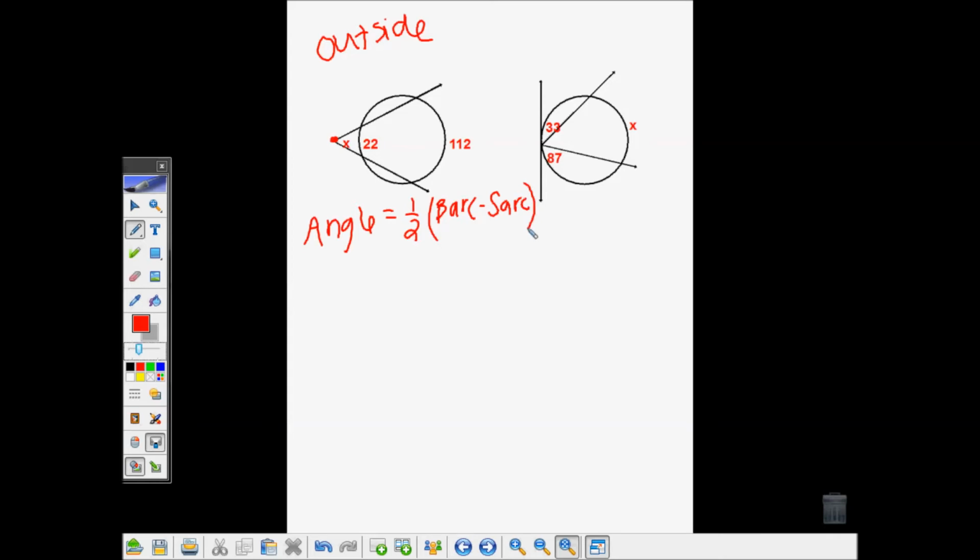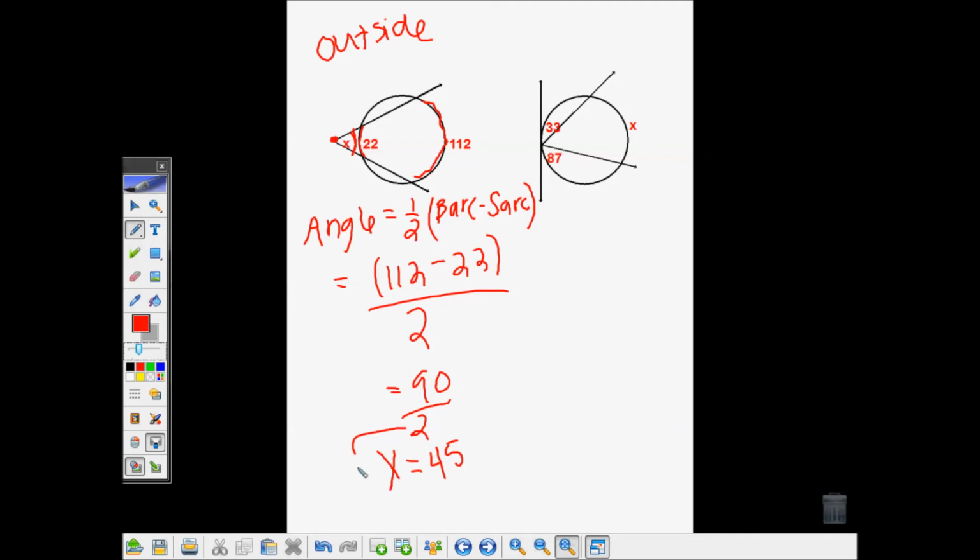My angle x is going to be equal to my big arc, 112, minus my small arc, which is 22, divided by 2. 112 minus 22 is 90. 90 divided by 2 is 45. So x equals 45.